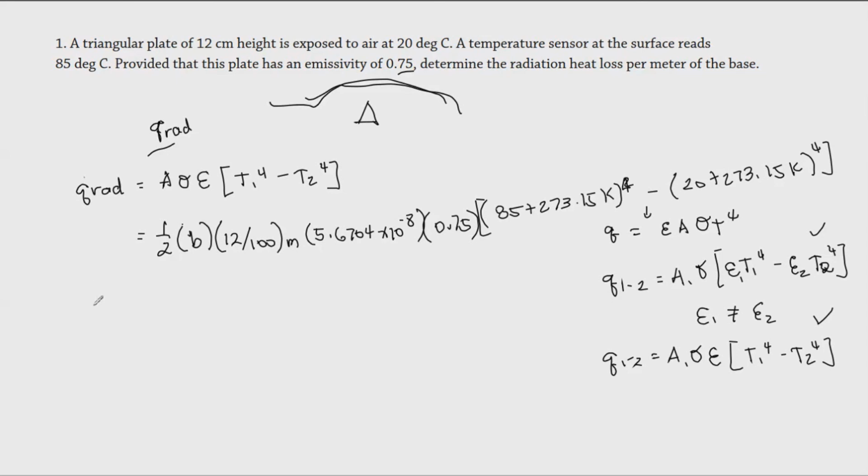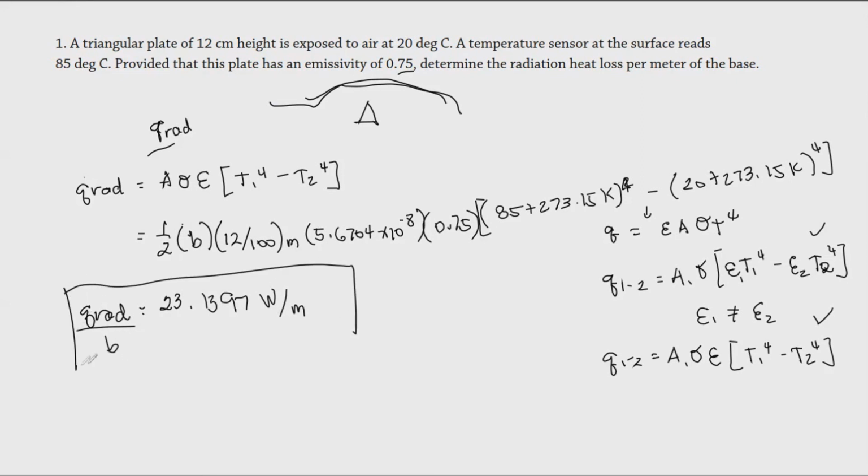Okay, and then this will give us a value of 23.1397 watts, and because we don't have any base, that will be watts per meter, and this should be over the base. So this is the answer for the first problem, where we have to find the heat loss of radiation per meter of the base of the triangular plate.